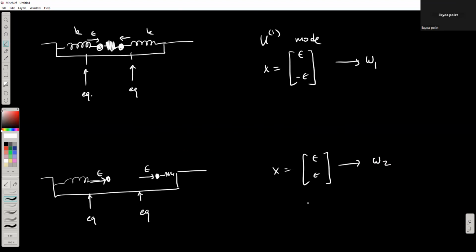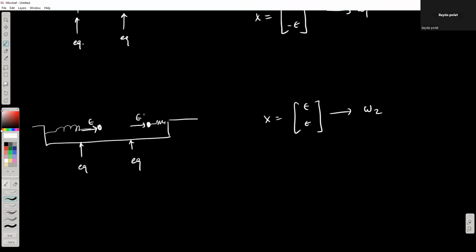omega 2. There's a nice practical way of actually computing these frequencies. For example, for this one, since omega 2 cannot depend on this K prime, I assume that this K prime actually doesn't exist at all. I just remove the spring in there. The mode is still there, but the spring constant K prime is taken to be equal to 0. So you just assume that there's no spring in there.